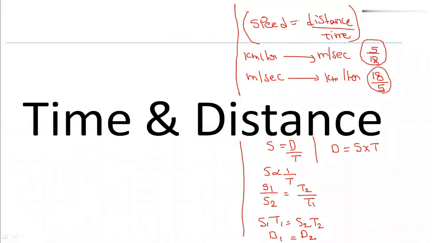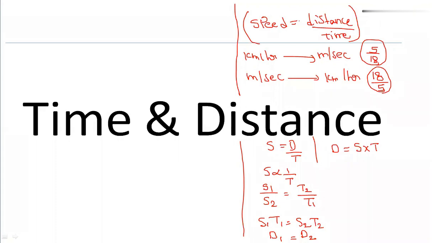Because in the questions, they will not tell us that we have to use this. After reading the story, we need to understand that distance is equal for the question and we need to substitute these formulas. Okay, done. So wherever distance is equal, two speeds for a person will be given and two times will be given. Those times can be a point of time or otherwise a period of time.